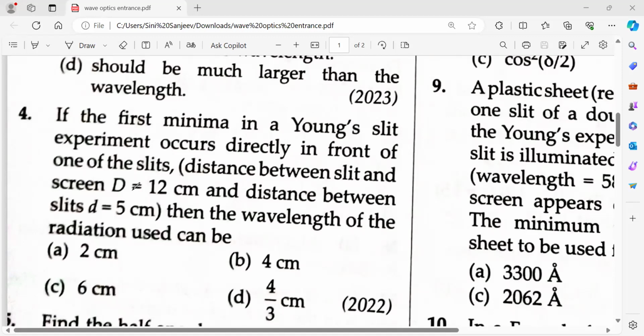Read the question and let me know. If anyone needs my help, please let me know in the fourth question.